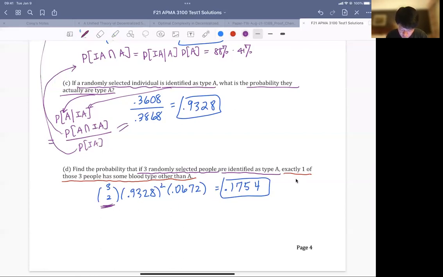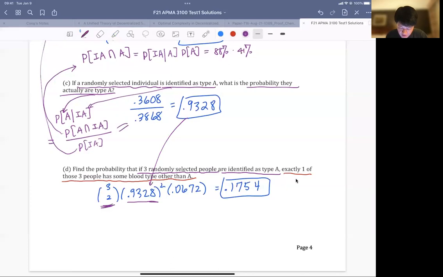For the 2 people I chose, I have to make sure that they have blood type A. So what I need is the probability that, given that the 2 people are identified as type A, they actually have blood type A. And this is exactly question C, which is why you have this probability from here.